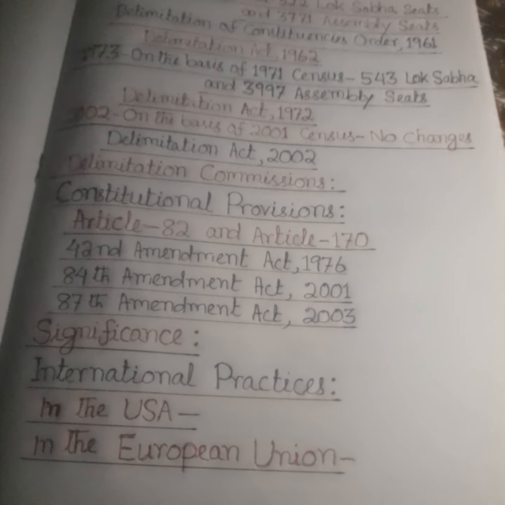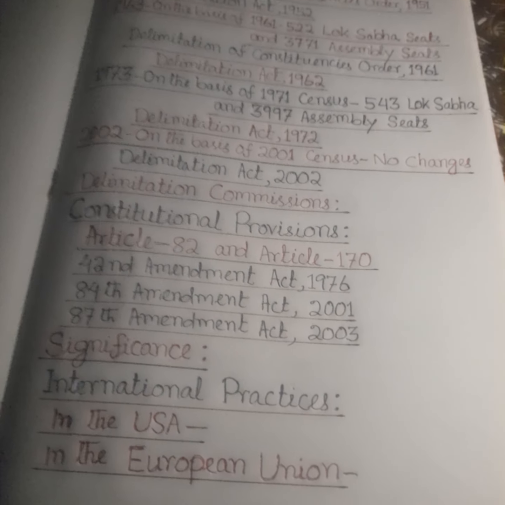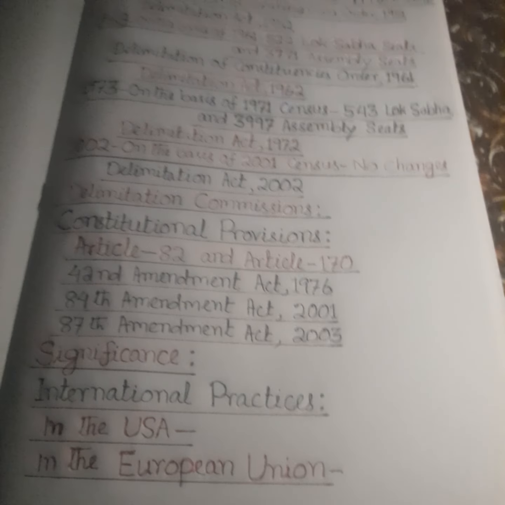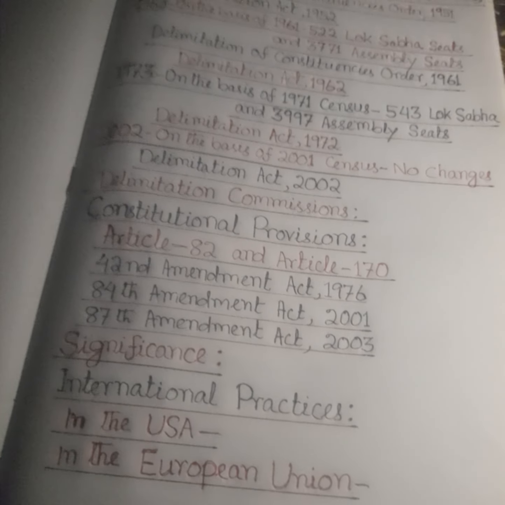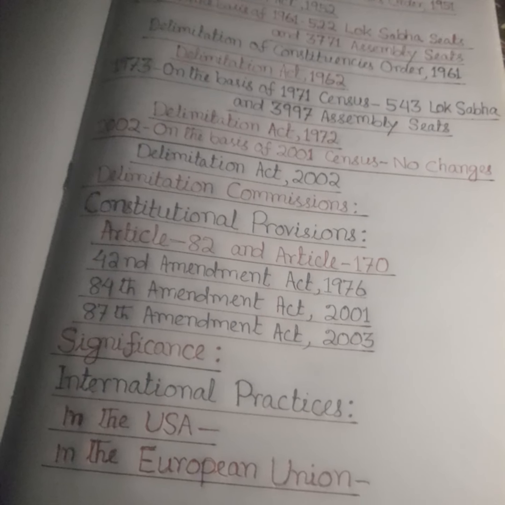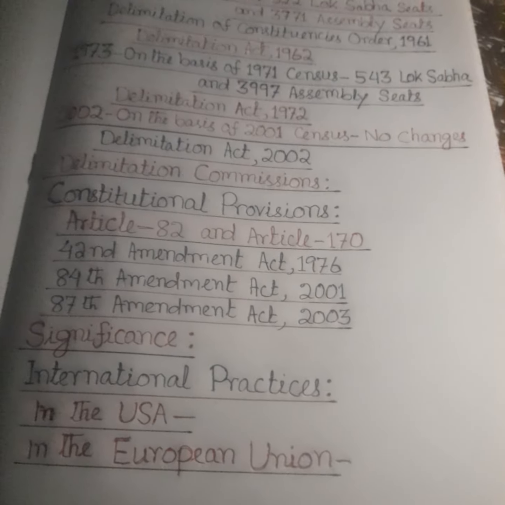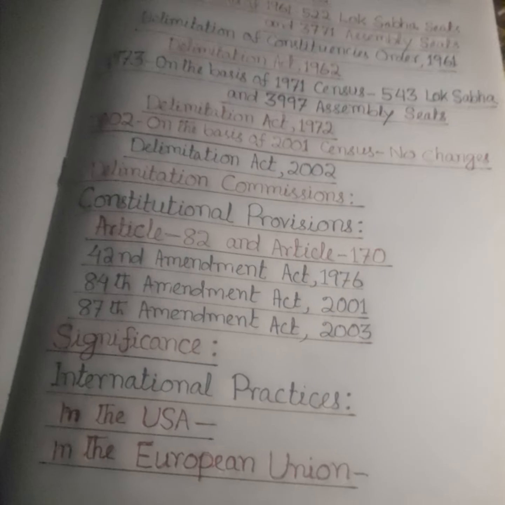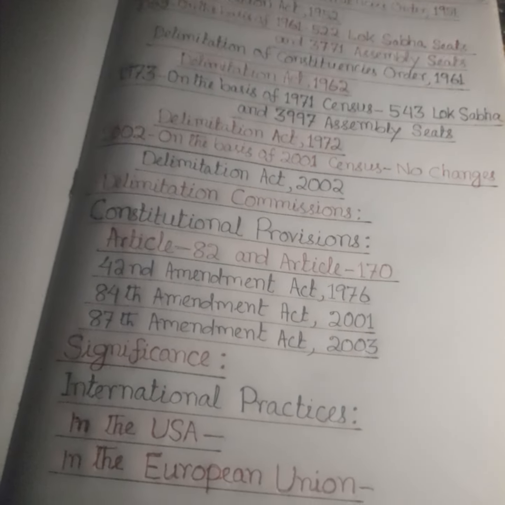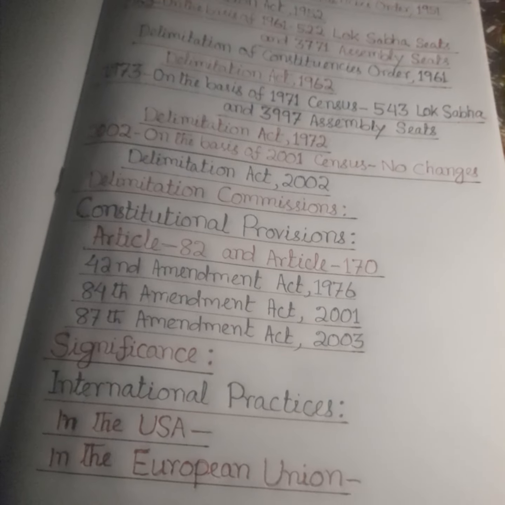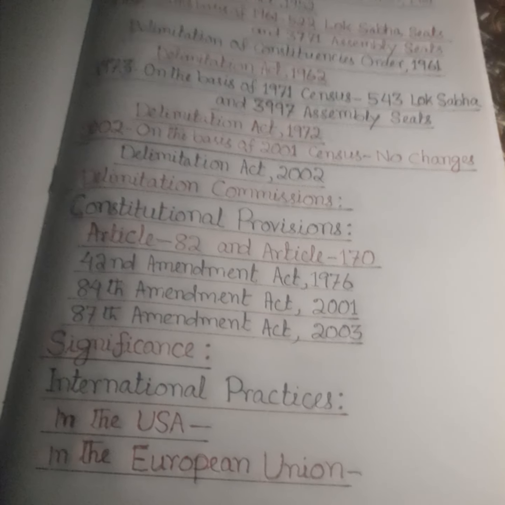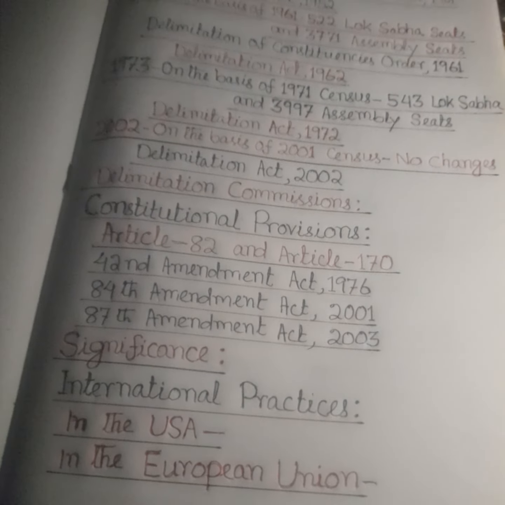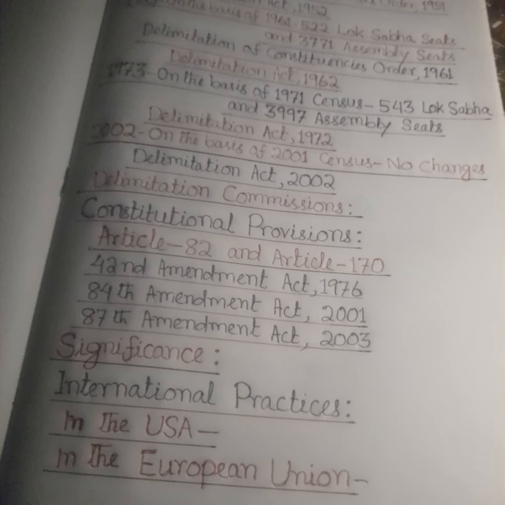And the Constitution of India mandates that the allocation of seats in the Lok Sabha should be based on the population of each state, so that the ratio of seats to population is as close as possible to being equal across all states. It is intended to ensure that each person's vote carries roughly the same weight regardless of which state they live in.